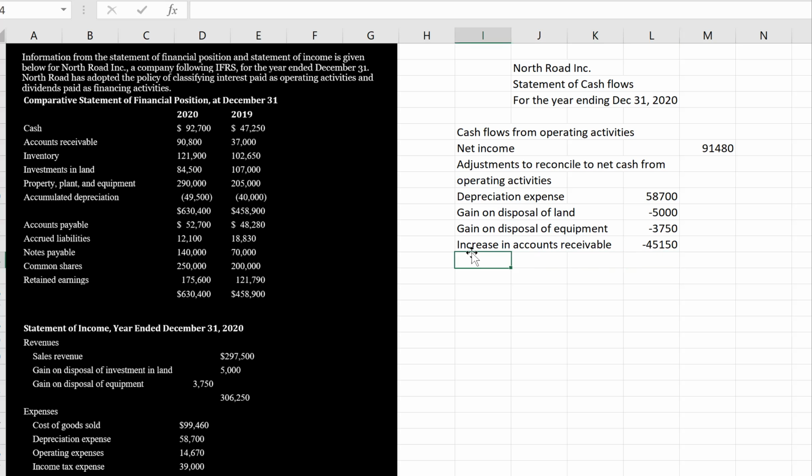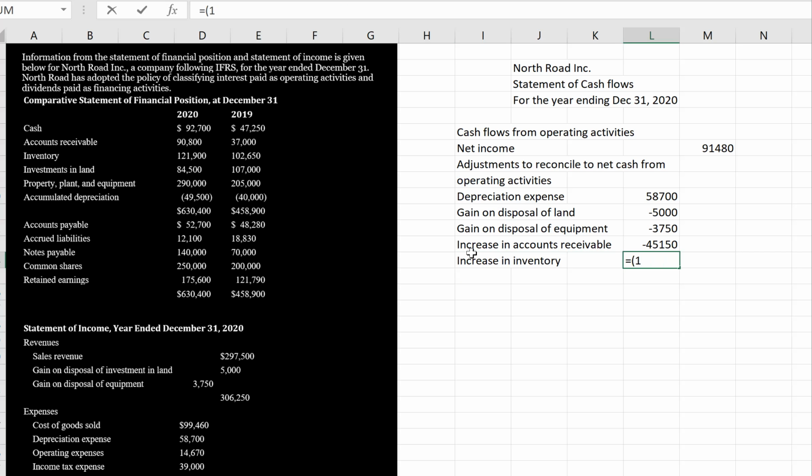Okay, next we've got the change in inventory. Did inventory go up or down? Well, it was 102,650 in 2019, and now it's 121,900. So it also increased. And we're going to subtract this because we use cash to buy inventory. So if inventory went up, it means that we used cash to buy it.